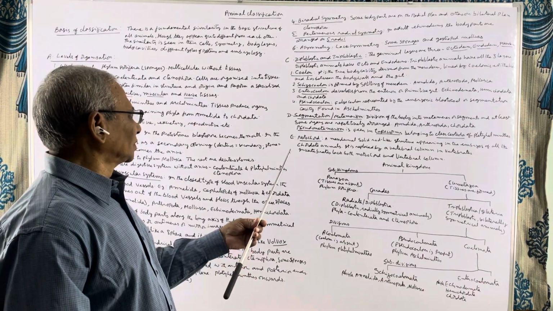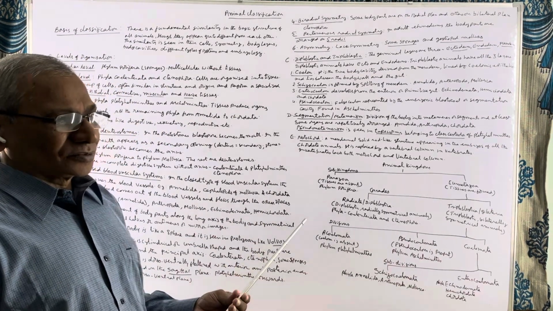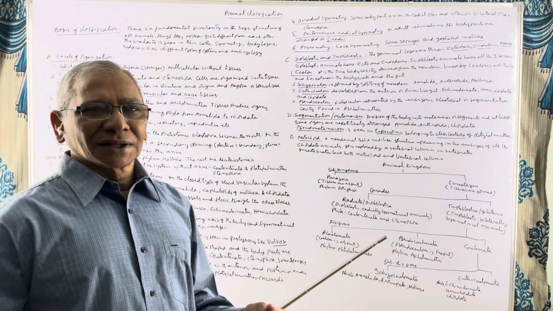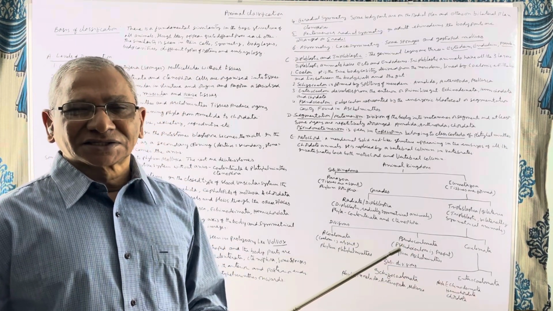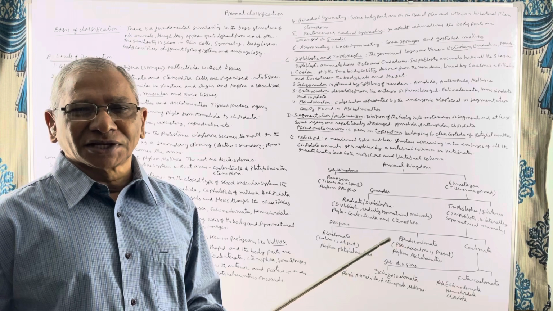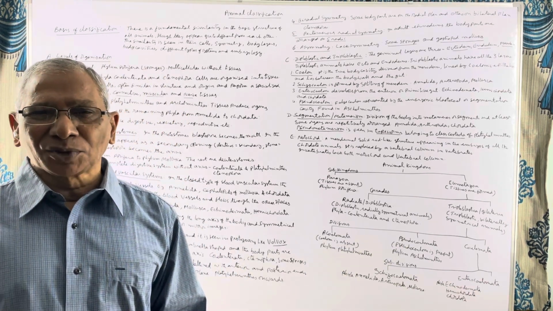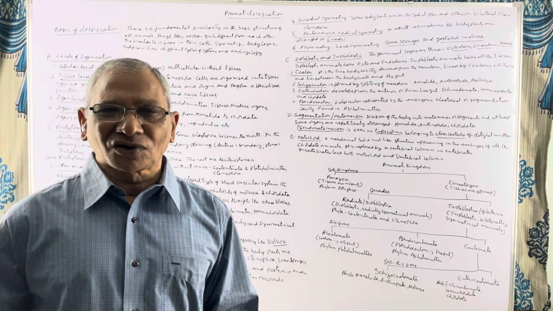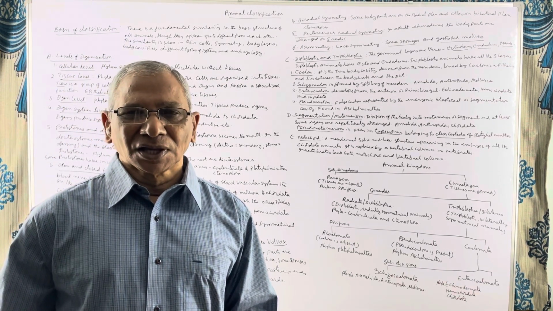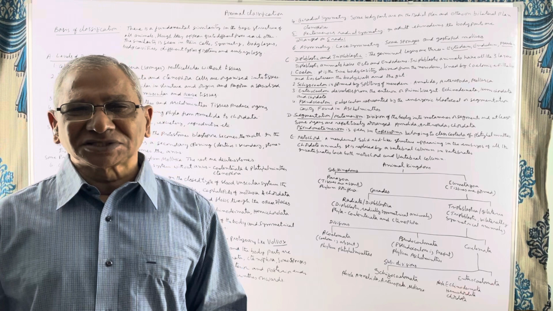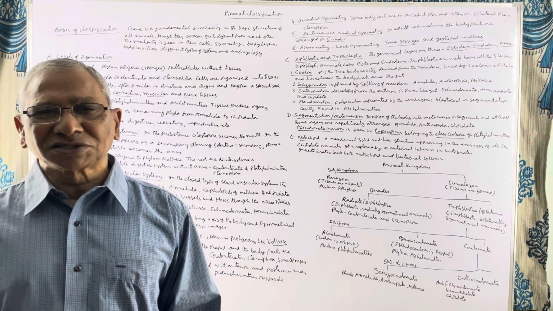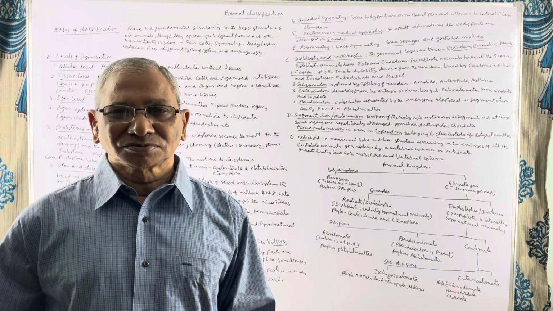Then, notochord. Notochord is a solid skeletal structure derived from the mesoderm and present in all the embryonic stages of chordates. In the vertebrate animals, the notochord is replaced by a vertebral column.